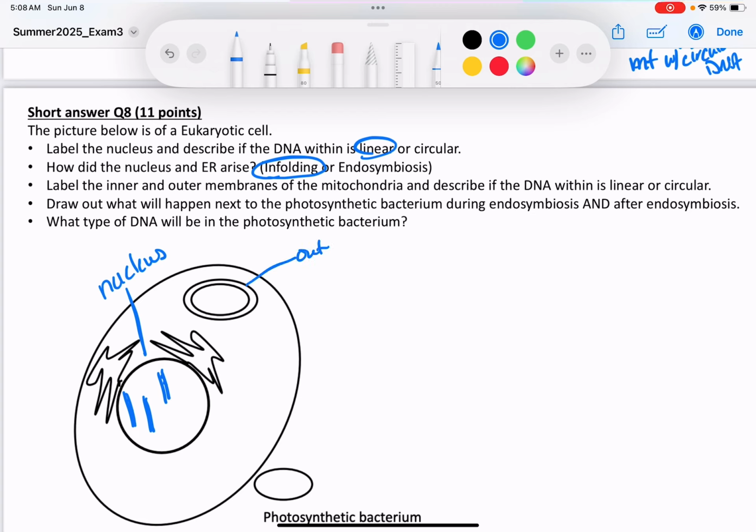So this is the outer, and it's eukaryotic, or even if you put like archaeal, I accepted that too, archaea. The inner is going to be from bacteria. And then here we have circular DNA.